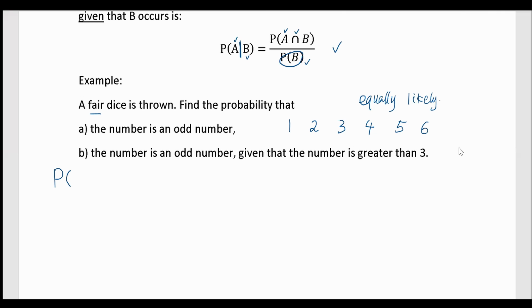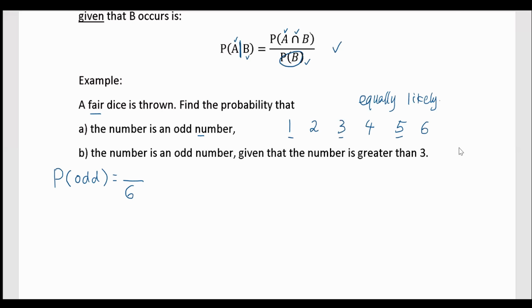So for this particular example A, if the event is that the number is an odd number, the total number of equally likely outcomes is going to be 6 because there are 6 numbers for a fair die. And the number is an odd number if it is either a 1 or 3 or 5.